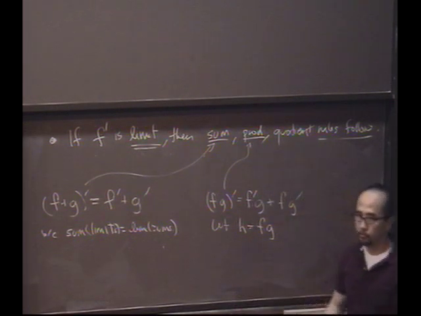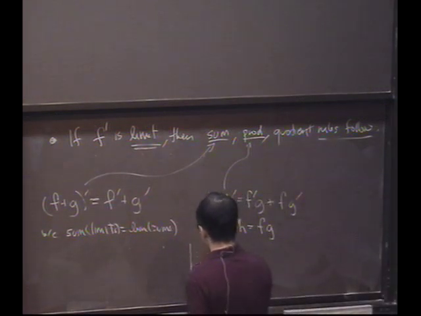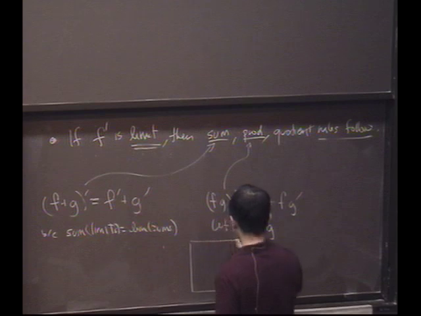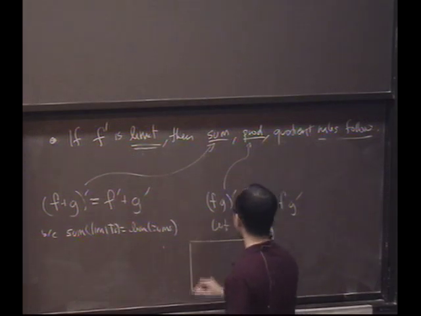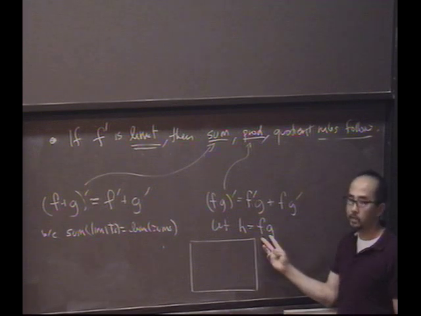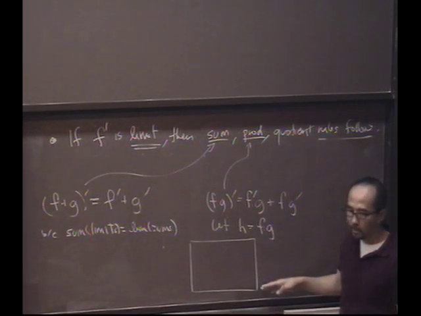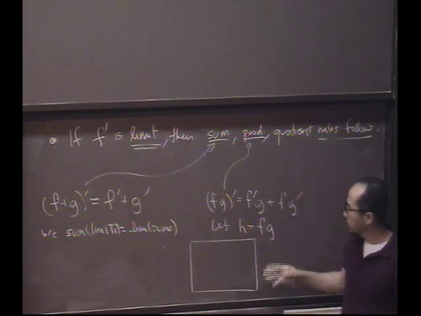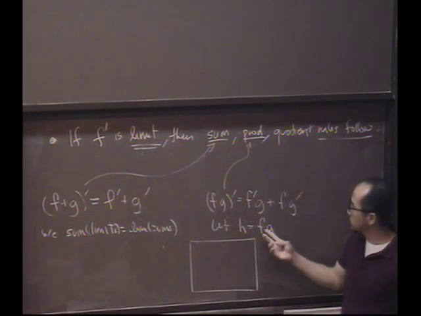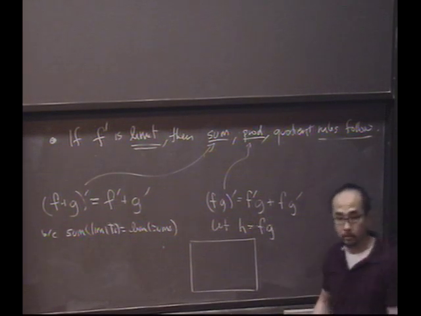Let me give you a picture proof, or picture motivation here. The book doesn't do this, but it's always helpful to have some picture in mind. Imagine h is the size of a box, whose height and width are given by f and g. And as you increase the argument, which you might think of as time, this box is growing.